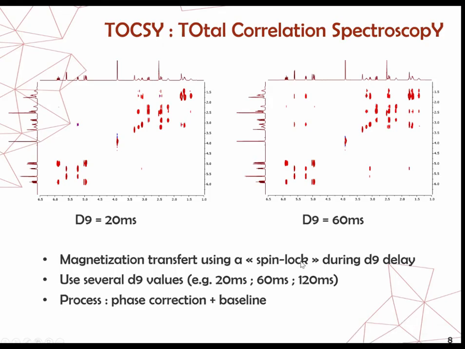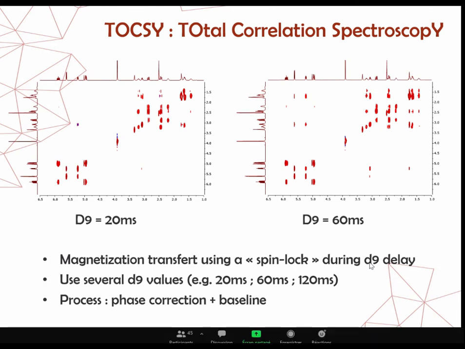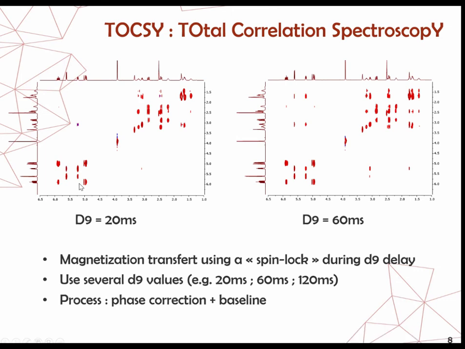A spin lock will be applied during this delay in the pulse sequence, and often we perform 2 or 3 different spectra with different D9 values to observe the spreading of the correlations along the spin systems.